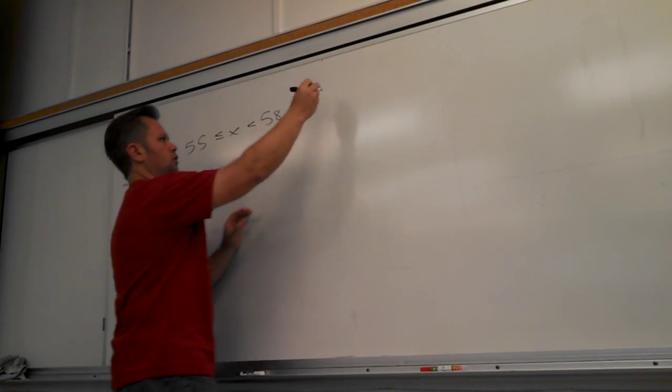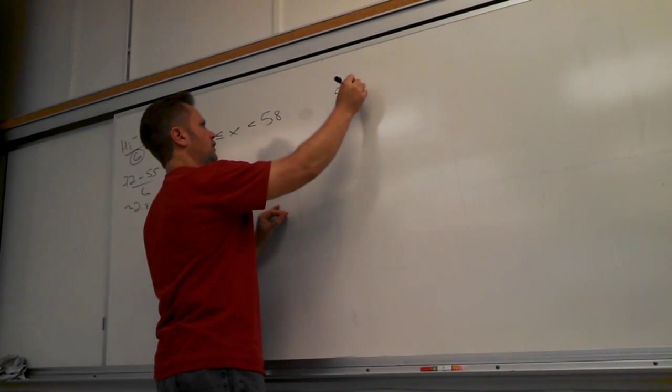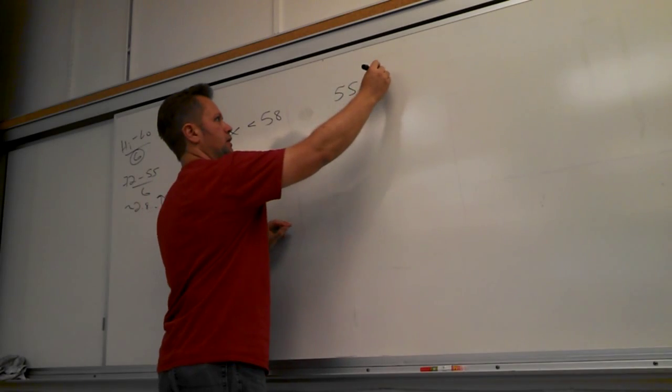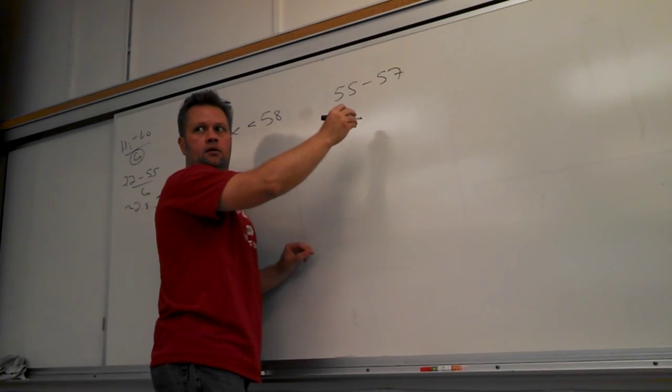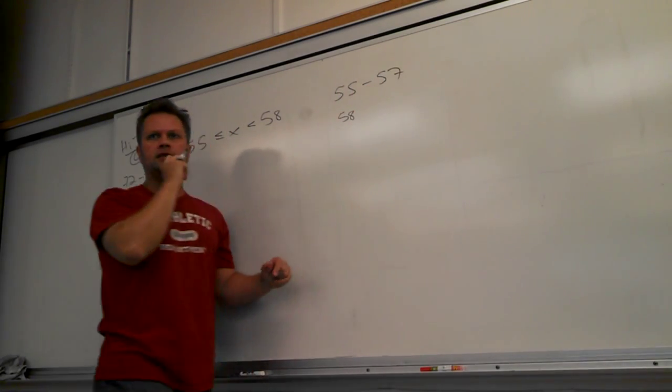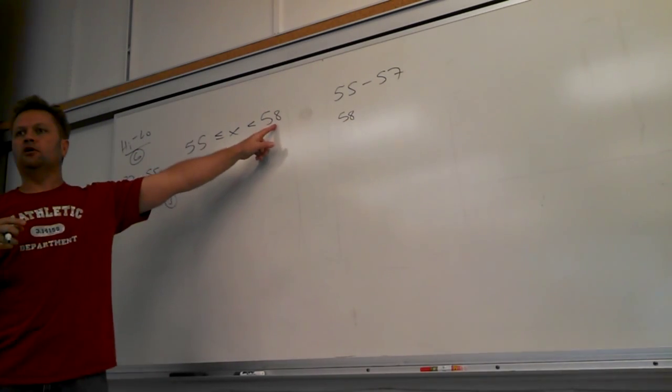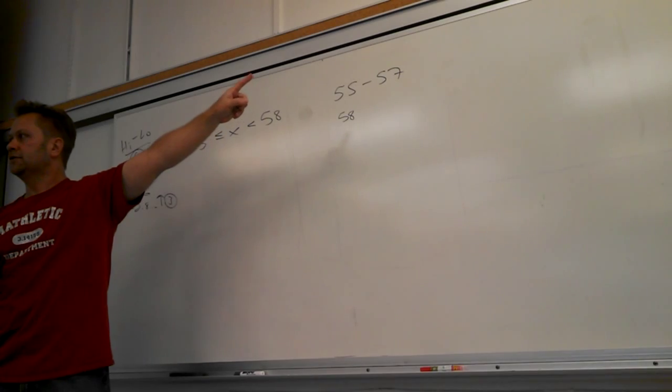Now very quickly, let me just show you the other way to do this. You would say 55, and the next class would start at 58, but then they would do this. And I personally just hate that. One way that's better is I won't make the mistake of including 58 in the first class.